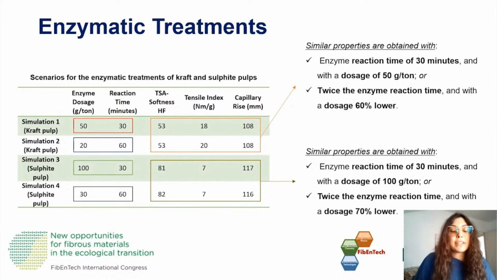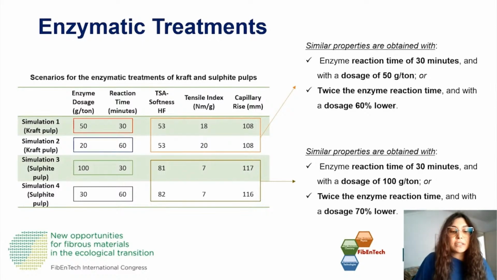In simulation studies for a kraft pulp, simulation 1 and simulation 2, similar properties are obtained with an enzyme reaction time of 30 minutes and with a dosage of 50 grams per ton, and also with twice the enzyme reaction time and with a dose 60% lower.